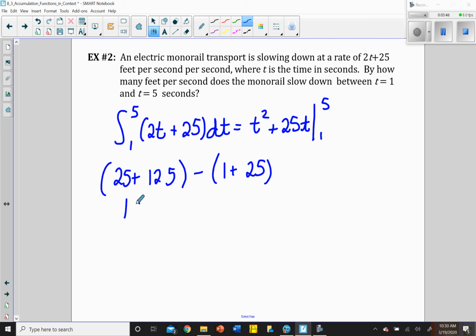So what you got? 150, excuse me, minus 26 is 124 feet per second that the electric monorail was slowing down. So we integrated acceleration to find velocity, which was the rate that the monorail was slowing.